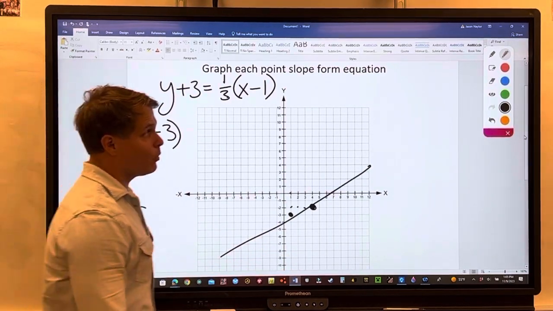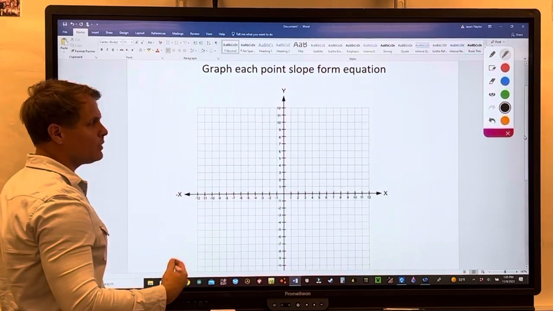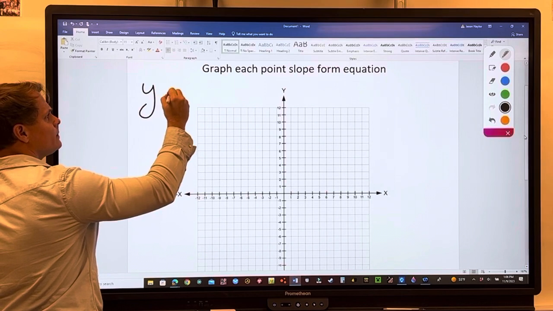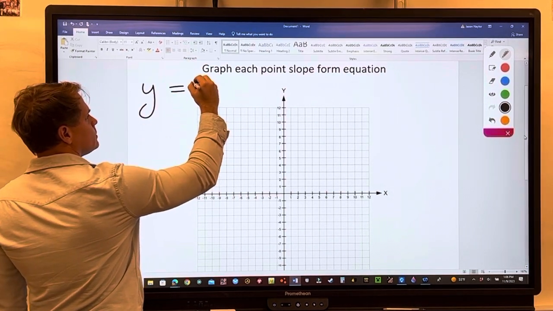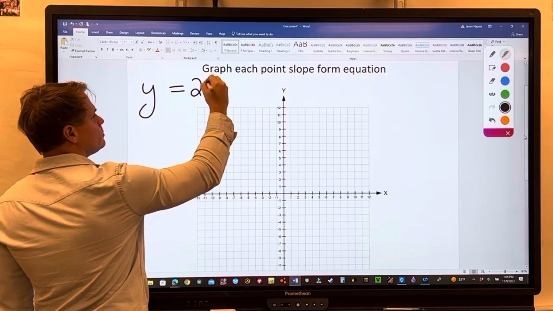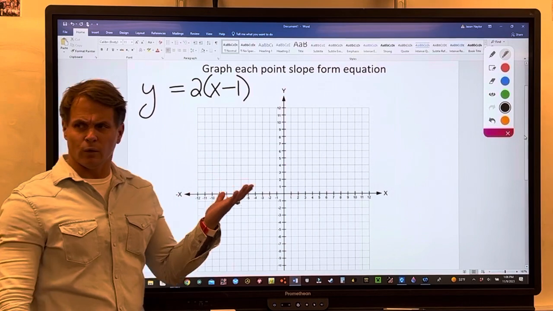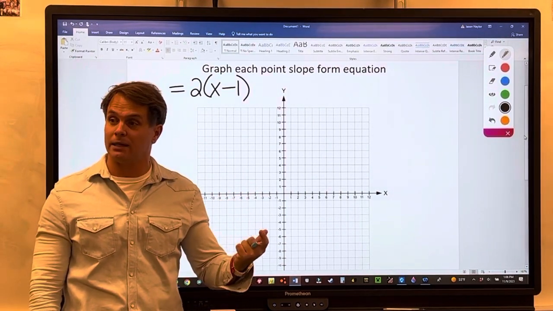Let's take a look at another one. Let's say I have something a little bit more complicated, like y equals 2(x minus 1). Here, all I have is a y. Before, I had a y and then a plus or minus a number.